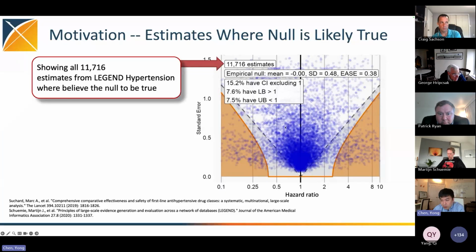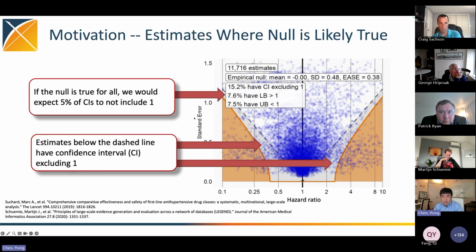In other words, if you rely on p-values, about 5% of them will reject the null hypothesis of hazard ratio equal to 1 at the nominal level of 0.05. But in this case, what we find is that about 15% of confidence intervals exclude 1. This is known as excessive or inflated type 1 error.